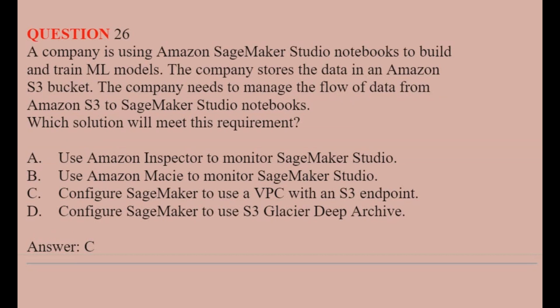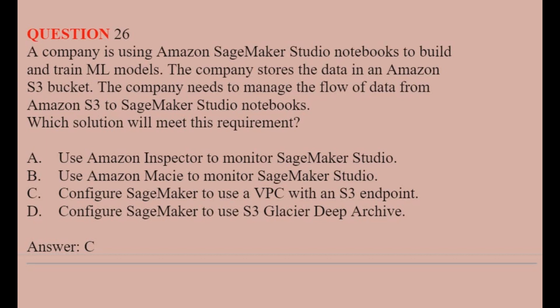Question is, a company is using Amazon SageMaker Studio notebooks to build and train ML models. The company stores the data in an Amazon S3 bucket. The company needs to manage the flow of data from Amazon S3 to SageMaker Studio notebooks. Which solution will meet these requirements?